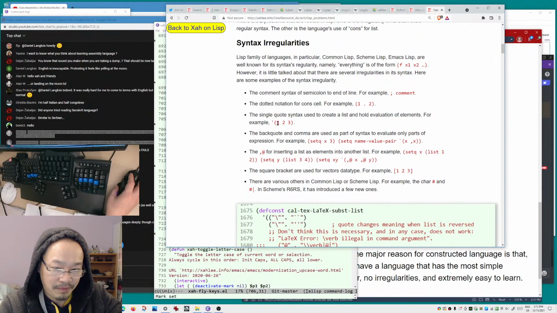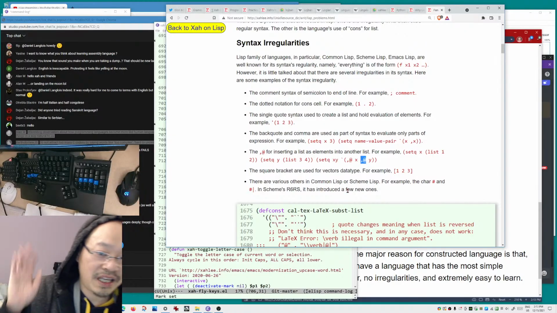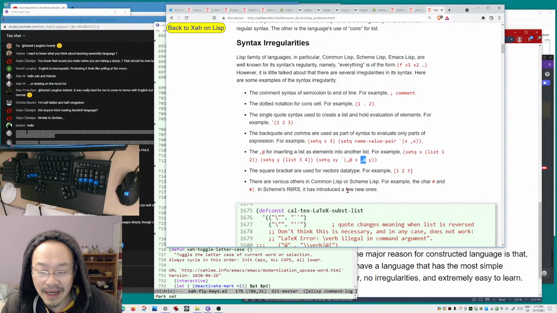You put a backtick in front of it to mean something. Then you also have a quote, then a backtick variation, then the comma variation, then the comma @ sign variation. So what are these? These are syntax irregularities in the otherwise very regular Lisp languages.